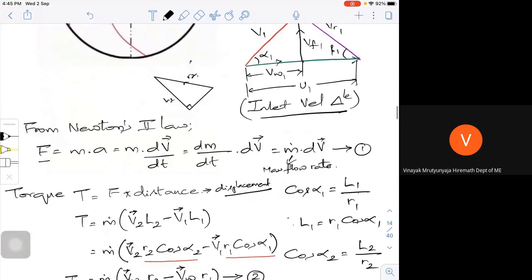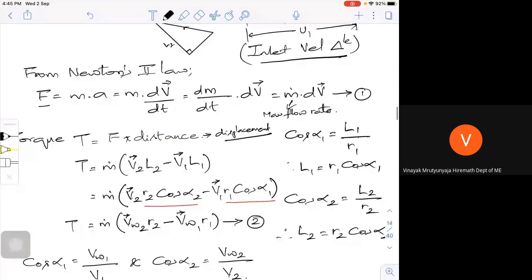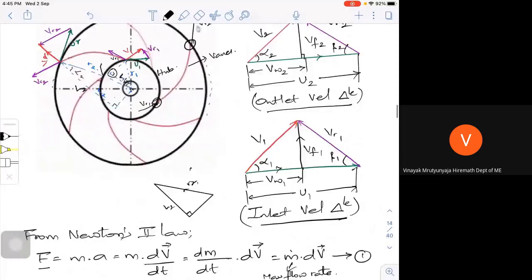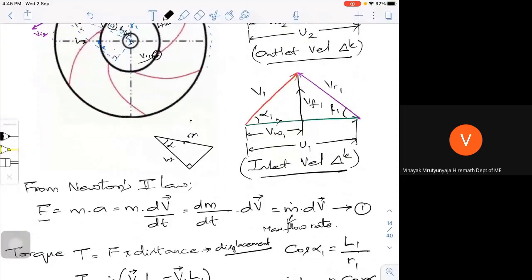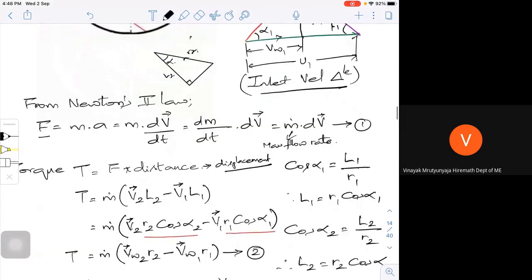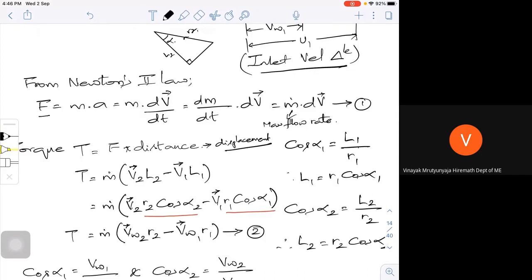L2 or L1 is nothing but, if I take this angle as alpha, what is your cos alpha? Cos alpha is equal to your adjacent side divided by your hypotenuse, that is your R. I can write cos alpha 1 is equal to L1 by R1 and cos alpha 2 is equal to L2 by R2. Agree? Or L1 is equal to R1 cos alpha 1, L2 is equal to R2 cos alpha 2. So I will try to replace your L2 and L1 by your R2 cos alpha 2 and R1 cos alpha 1.